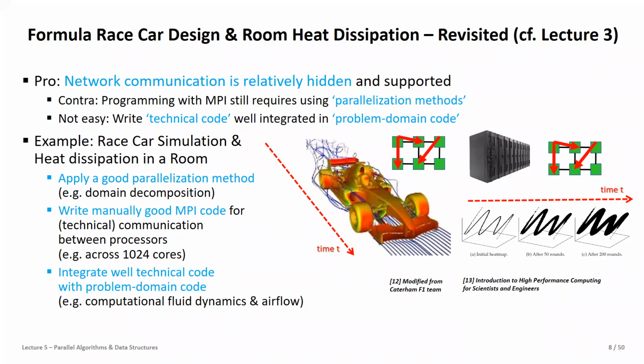The third step is interesting and tricky: whatever you do on the MPI side needs to be well integrated with the problem domain side. We will come back to this in this lecture to understand that here are the physics problems, the physical formulas that actually play a role.